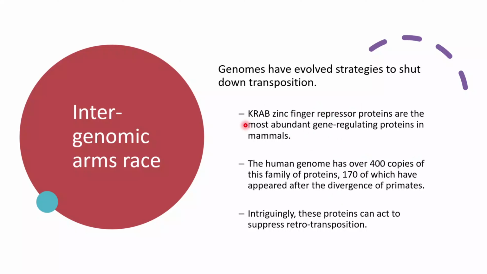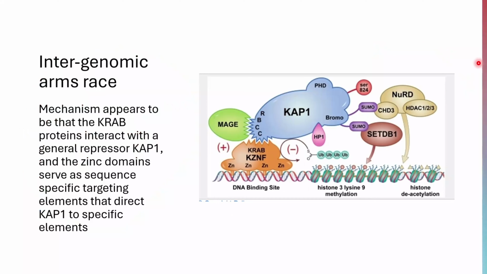We need more variety in these KRAB zinc finger repressor proteins because we have more ALU elements and mutated ALU elements and L1 elements. Zinc finger, if you remember, binds DNA. I told you about it a few times. This means that these proteins bind to DNA, and they will probably recruit a set of proteins.